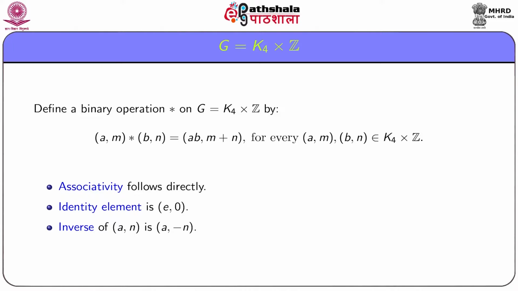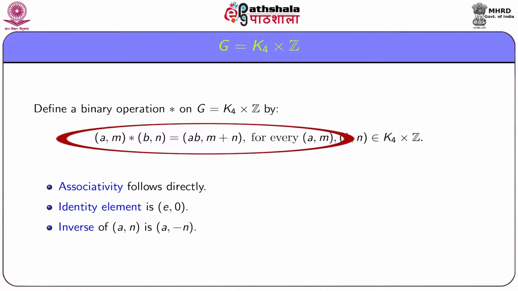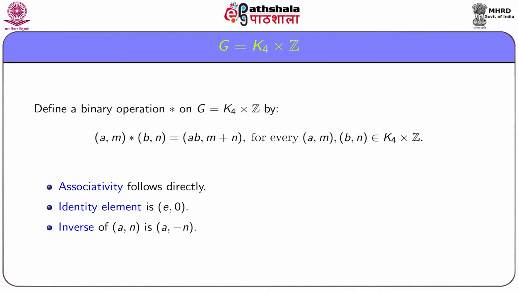Here we would like to define such a binary operation star on this set G, so that it is related to the product in K4 as well as to the addition in Z in a meaningful sense. So, naturally, if we take the product of (a, m) and (b, n) componentwise, that is (a, m) star (b, n) is equal to (ab, m plus n).